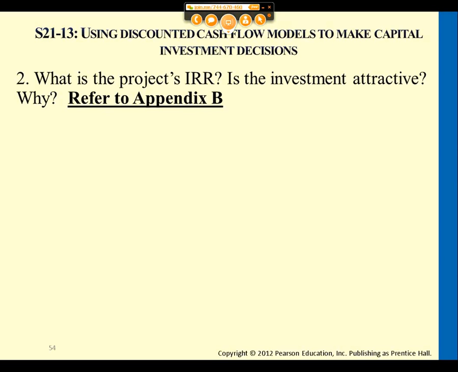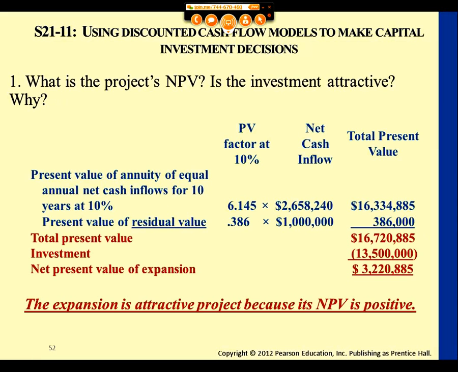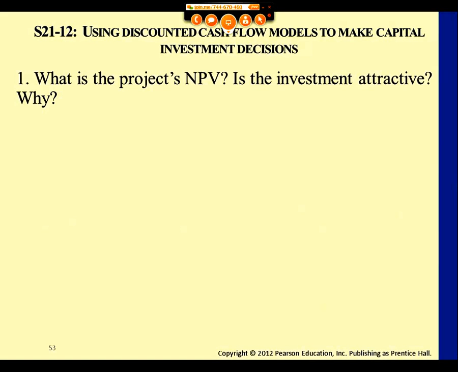What we're going to do, I'm going to show you how to calculate this. Make sure that for the exam you understand how to calculate this too, okay? All right. NPV.